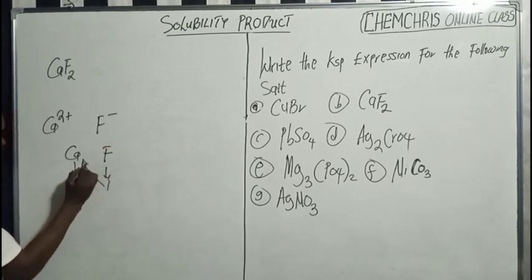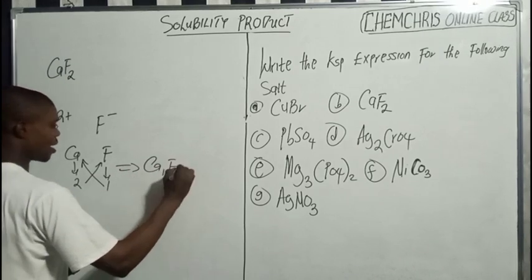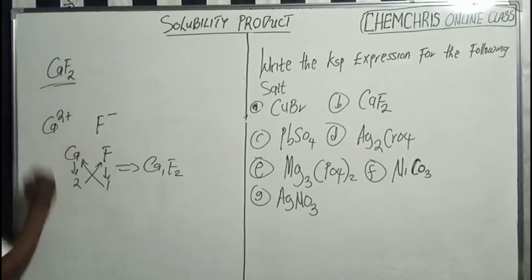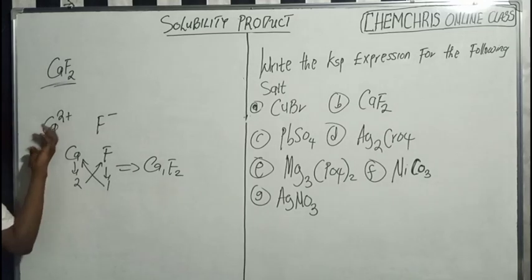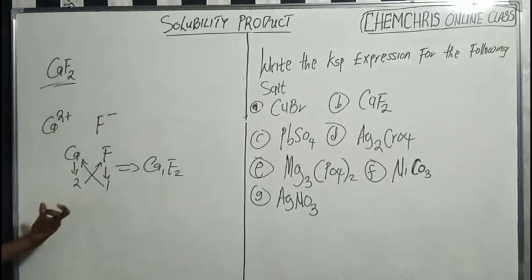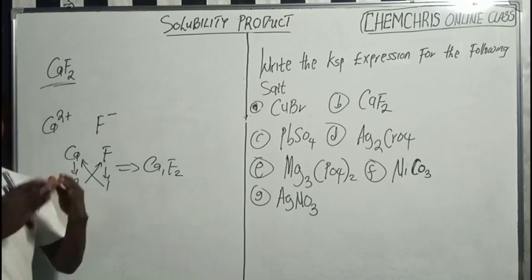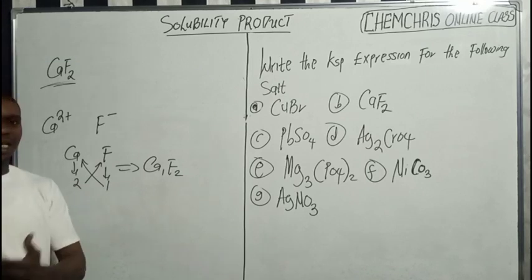Then carry each one across to the other side, so you have Ca1, F2. That is how we got this. Calcium fluoride is made of calcium 2 plus and fluorine minus. Do you understand? So like I said, figure out the oxidation state. Once you figure out the oxidation state of each of the elements, it's easier for you.